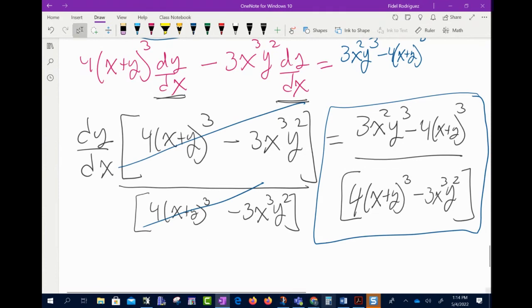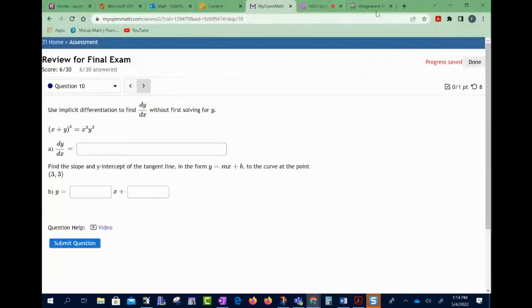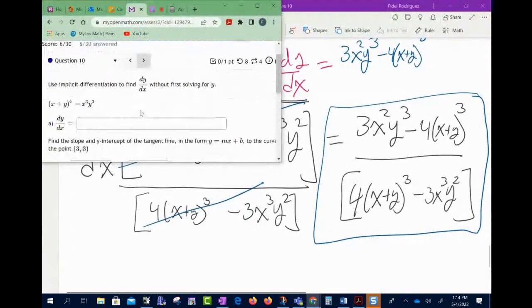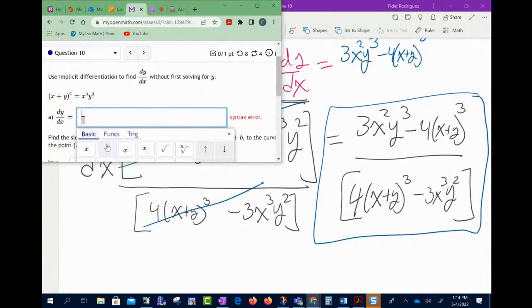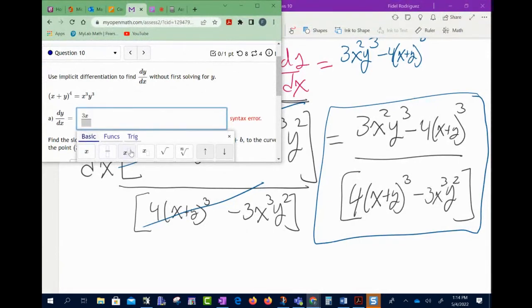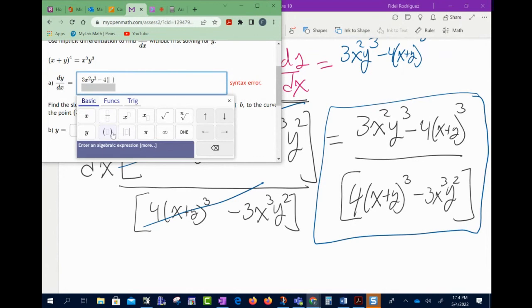So let me come back over here and let me enter this part in. Okay, so first thing I want a fraction. So 3x squared y to the third minus 4, parentheses x plus y, and on the outside of that, that's being raised to the third.